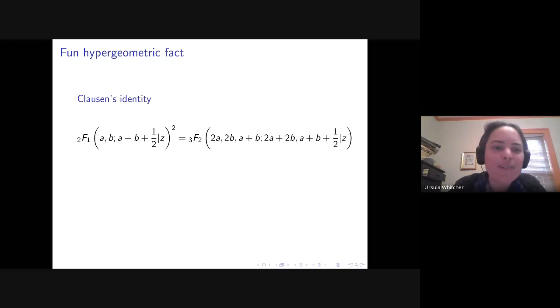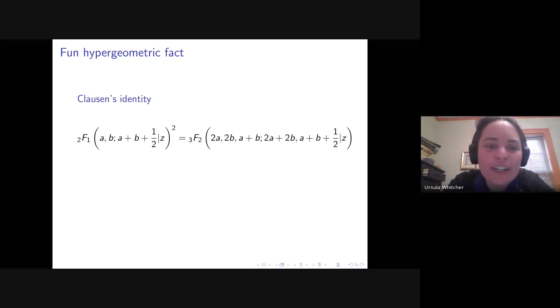And I want to end maybe with this kind of fun hypergeometric fact, linking back to a particular thing that we know about our rank 19 K3 surfaces. And that is Clausen's identity. Clausen's identity, I don't know if you can hear the cat in the background, but the cat is excited about Clausen's identity too.